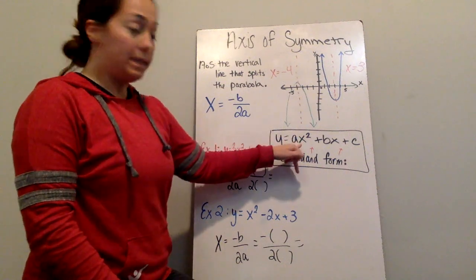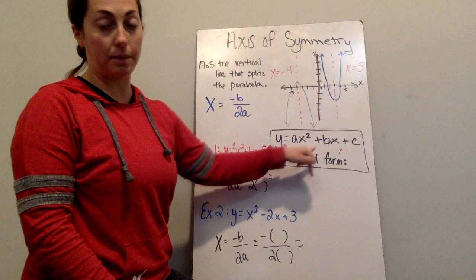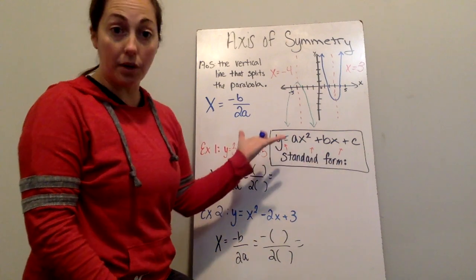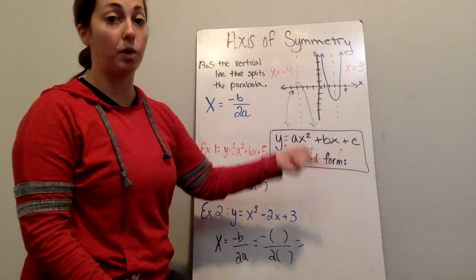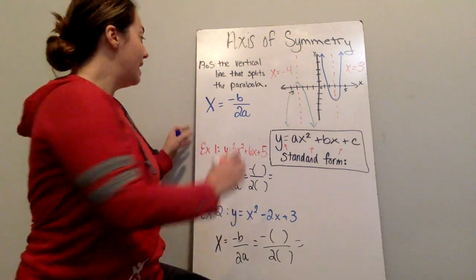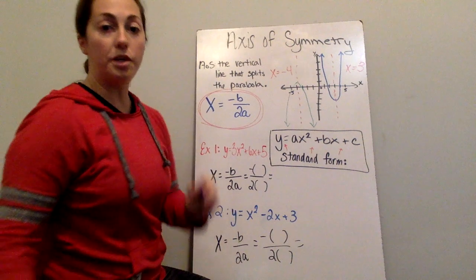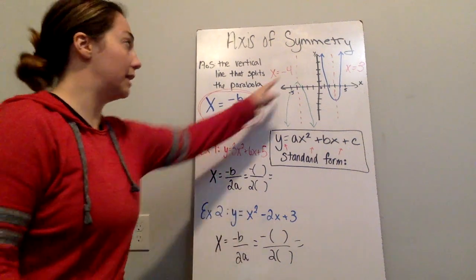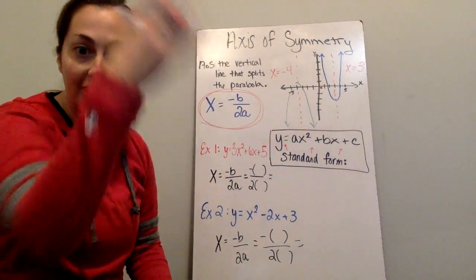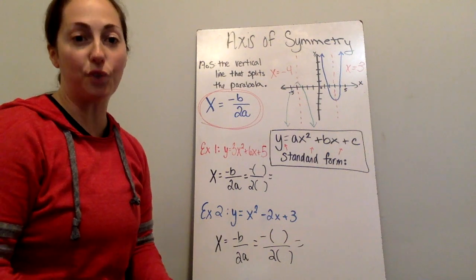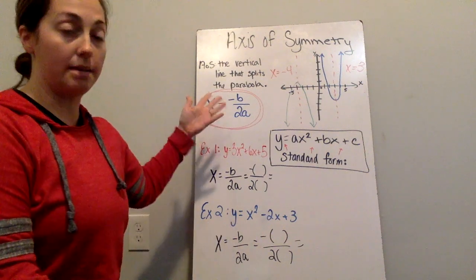Now, using standard form, y equals ax squared plus bx plus c, we're not going to be given a graph. We're actually going to be given an equation, and we're expected to find the axis of symmetry. This is how we do that. We use the equation x equals, because hello, we're getting an x equals line, right? That's the equation for a vertical line, x equals some number.